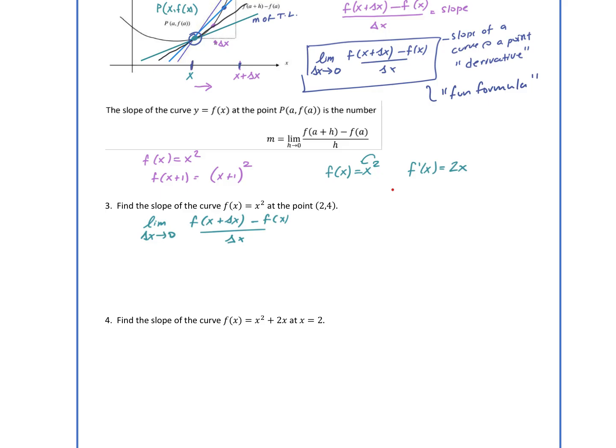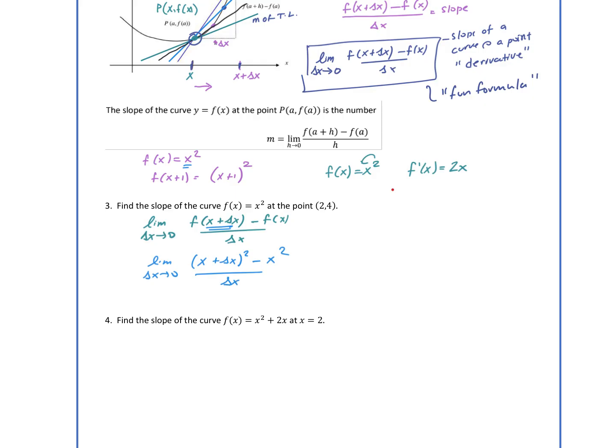So I'm going to plug in x plus delta x into the x. So I've got the limit as delta x goes to 0 of x plus delta x squared minus x squared over delta x.